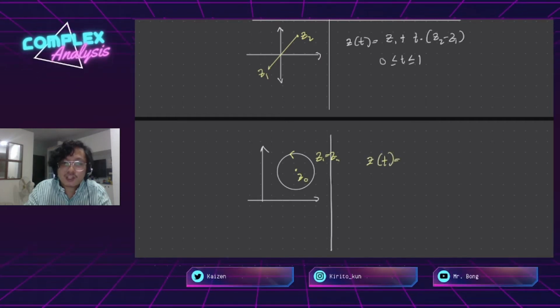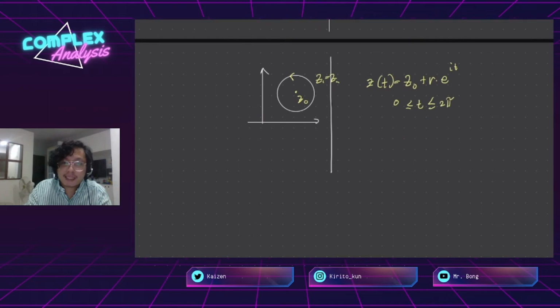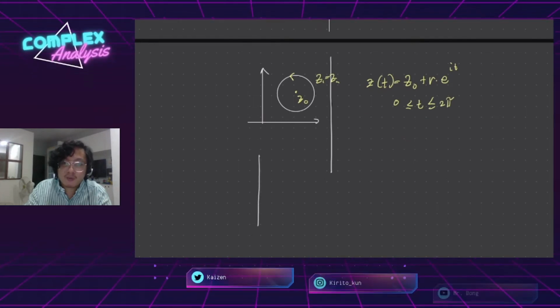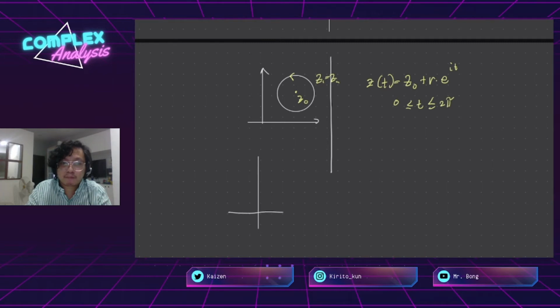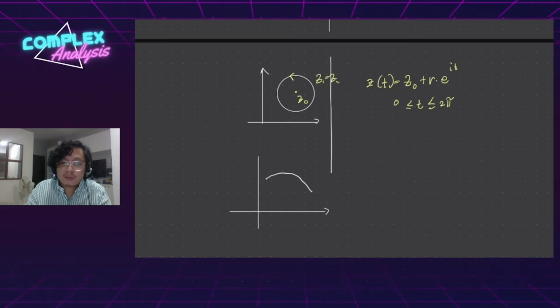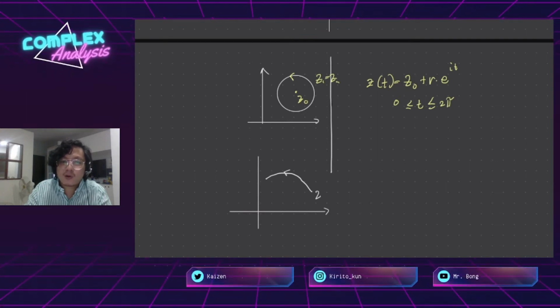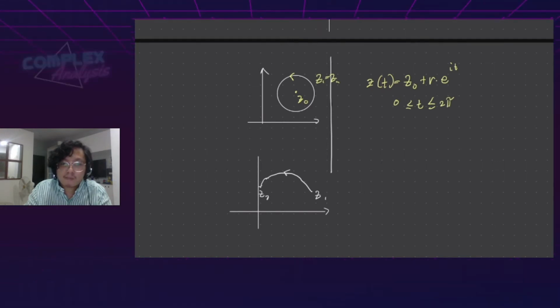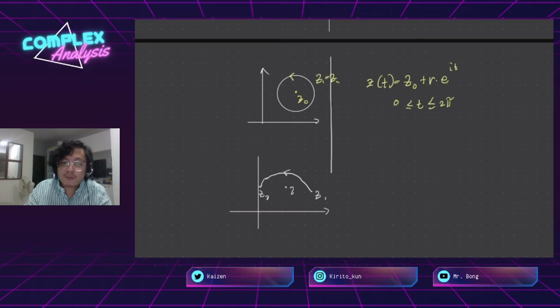Then our parameterization is going to be z0, which is simply the center of the circle, plus r, the radius, times e raised to the power of i t, where t is greater than or equal to 0 but less than or equal to 2 pi, since we would like to go for the complete lap around the circle. But let's say, for example, that you would only like to go half a lap around the circle. Then we will need to change our upper bound for t to pi instead of 2 pi.